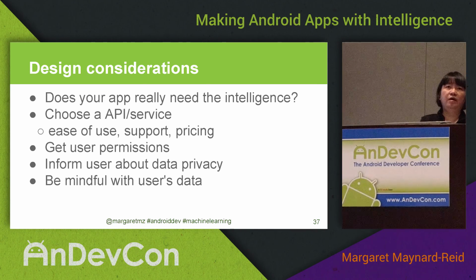Because there are so many apps today tracking your locations. And as you saw earlier, some of these APIs can take a picture of my face, they know my emotion, they know my age and my gender, and they know everything about me. And also, a lot of times these pictures are being sent somewhere in the cloud, right? So be upfront with your user. How are you actually using their data and their images?